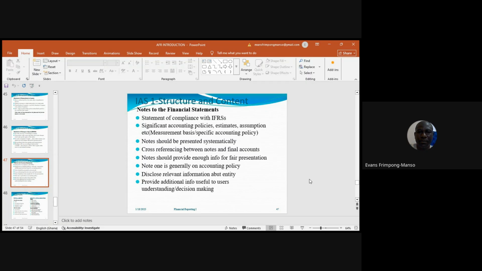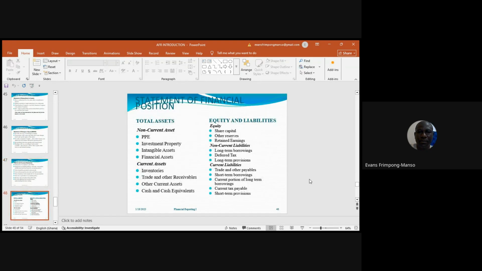That's what is called notes to the financial statements. They are information that the preparers of the financial statements will provide that is going to aid the users of those financial statements to be able to understand the financial statements that have been prepared by the accountant.